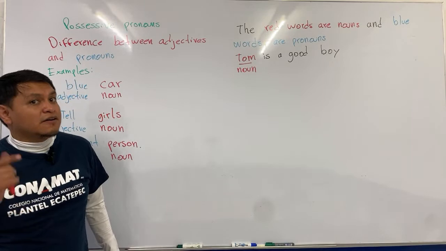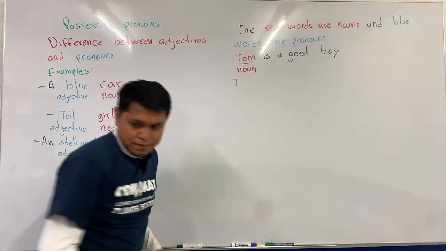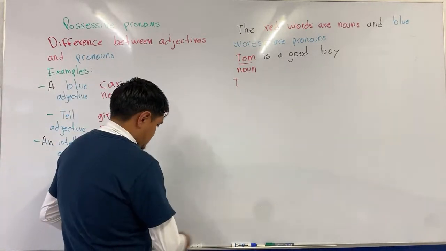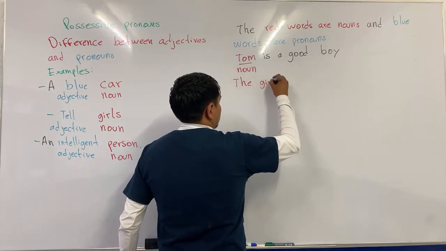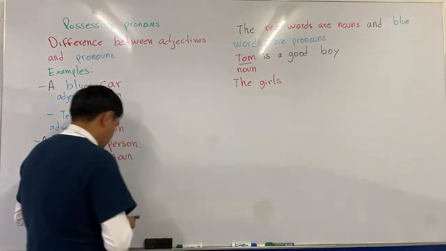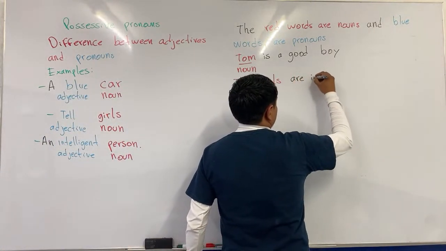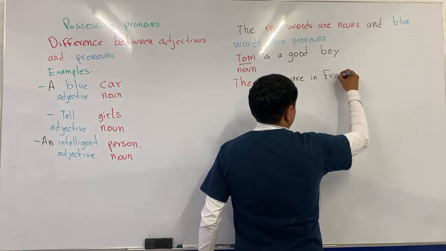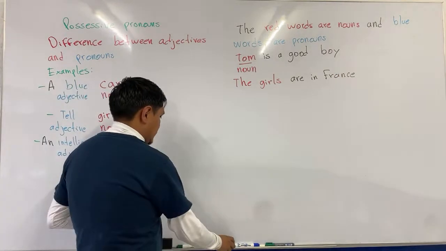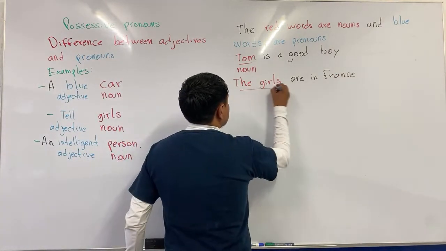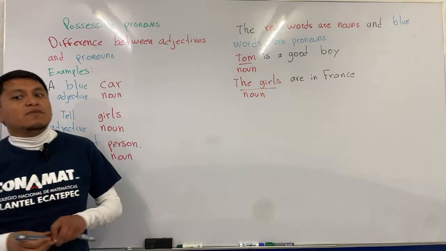The girls are in France. The girls are in France. Another example. This is a noun, right? Another example.